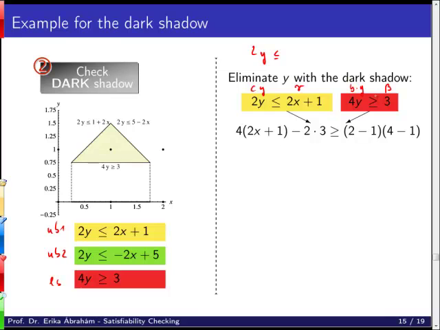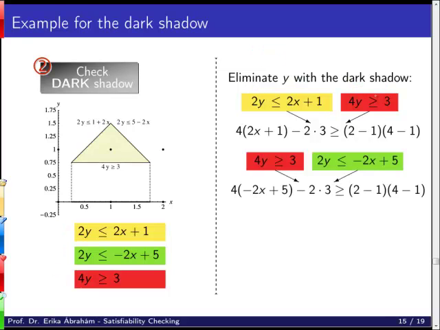If I reformulate, then I get 8x plus 4 minus 6 is larger or equal 3. So from this I get 8x is larger or equal 5. Especially since we have only one variable left, I can check x is larger or equal 5/8. And if I apply my condition to the second pair of lower and upper bounds, then I get this inequation, and I can again compute minus 8x plus 20 minus 6 larger or equal 3.